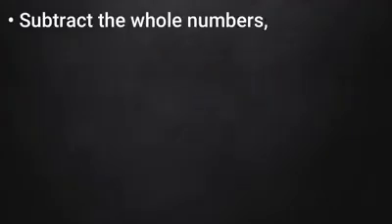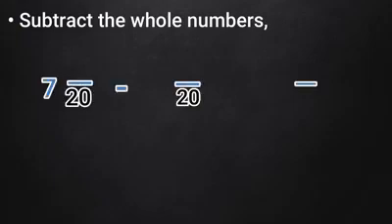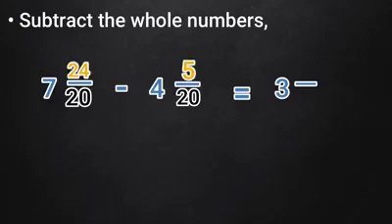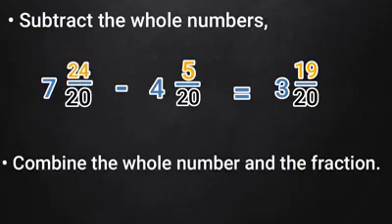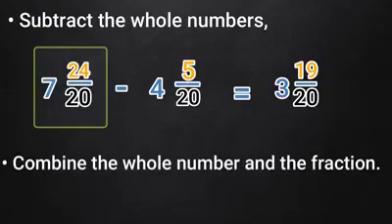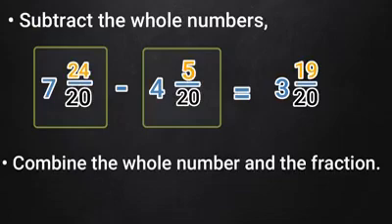Subtract the whole numbers. 7 minus 4 equals 3. Subtract the numerators. 24 minus 5 equals 19. Copy the denominator, which is 20. Then, combine the whole number and the fraction. 7 and 24/20 minus 4 and 5/20 equals 3 and 19/20.